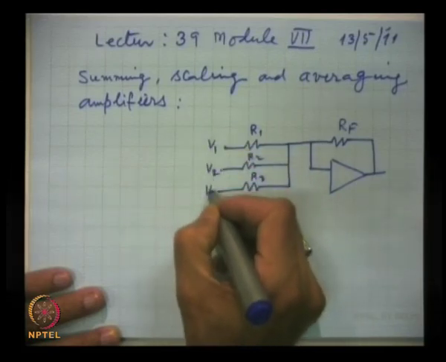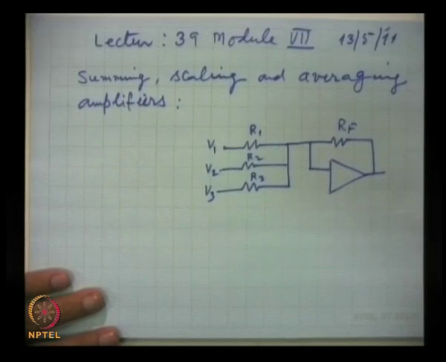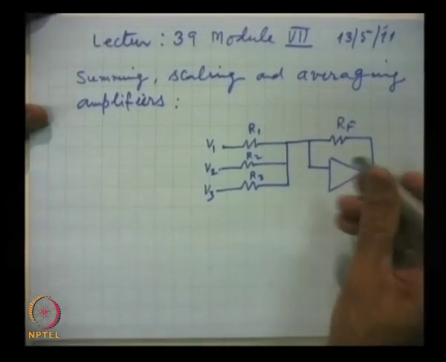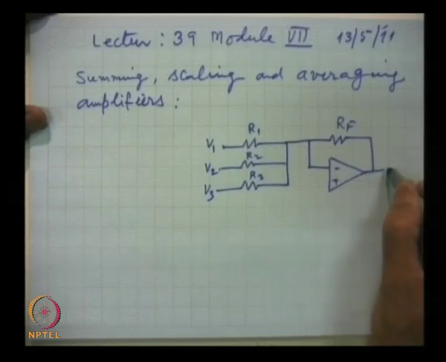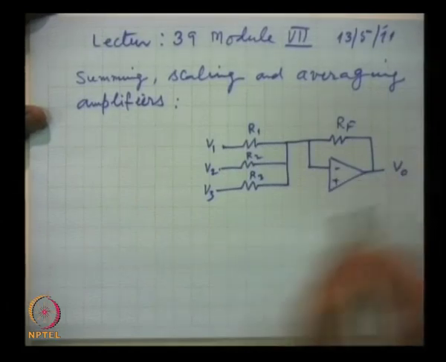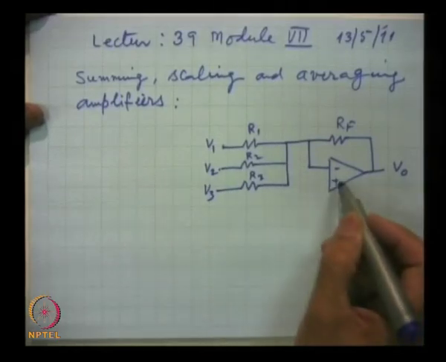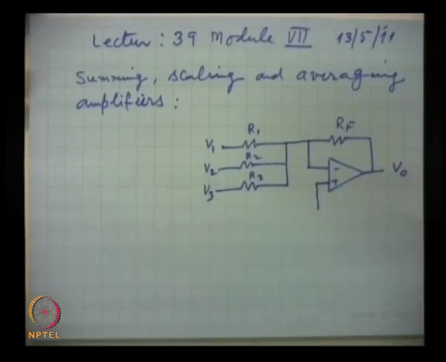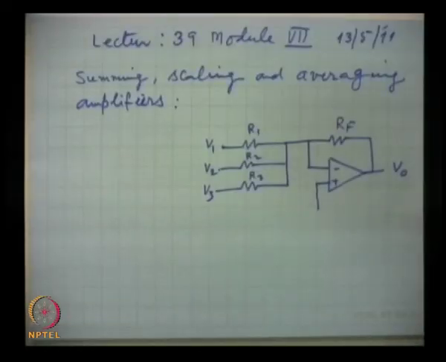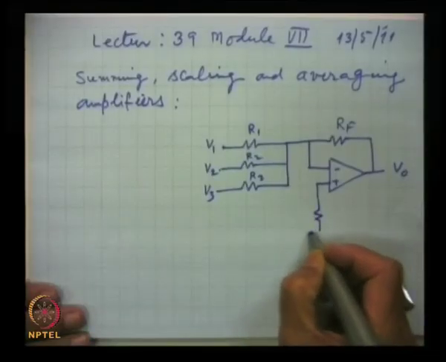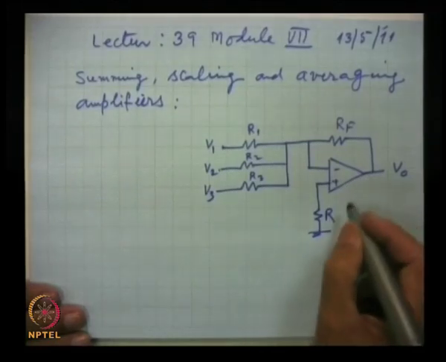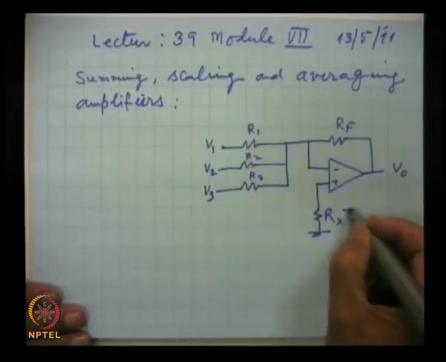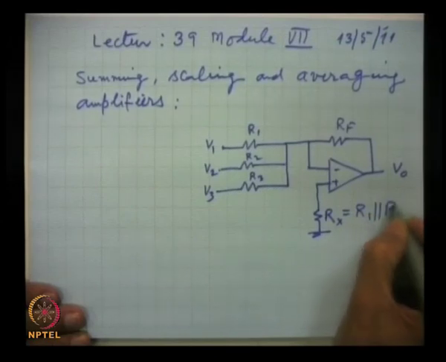V1, V2, V3 are the 3 voltages which are to be summed up, and the output is here. This non-inverting input, so far we have been putting at ground potential by directly grounding it, but a better arrangement is when a resistance Rx, equivalent to the parallel combination of these resistances, is attached.